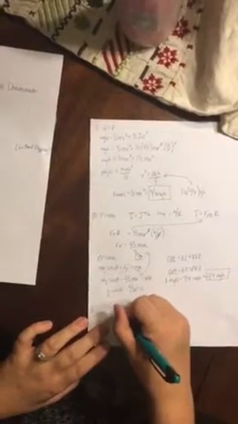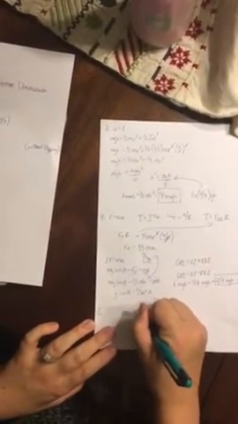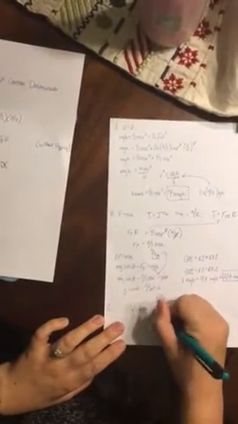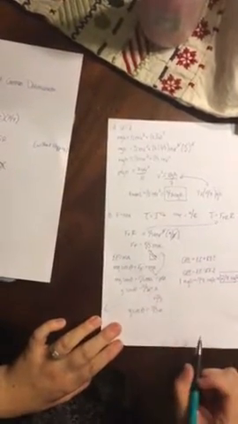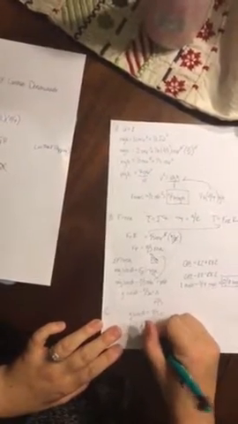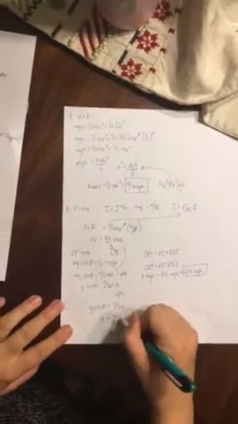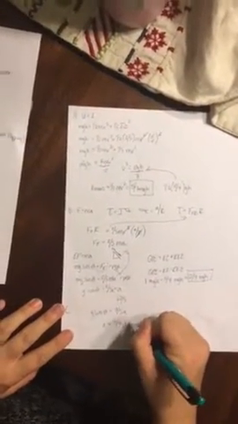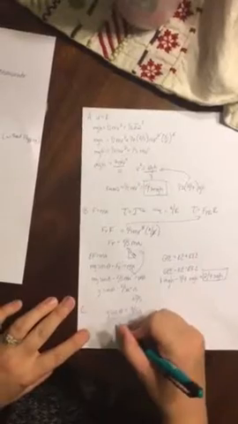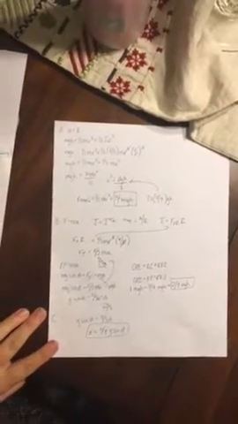So you'd end up with g sine of theta is equal to 7/5 a, and then to get your a alone, you'd have to inverse this, so it's 5/7 g sine of theta, and that would be your answer to C when you're looking for acceleration.